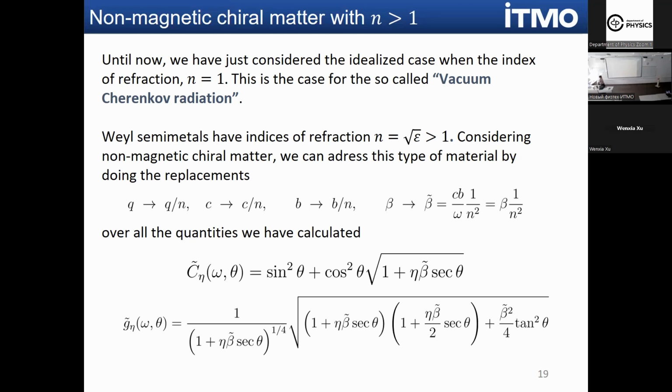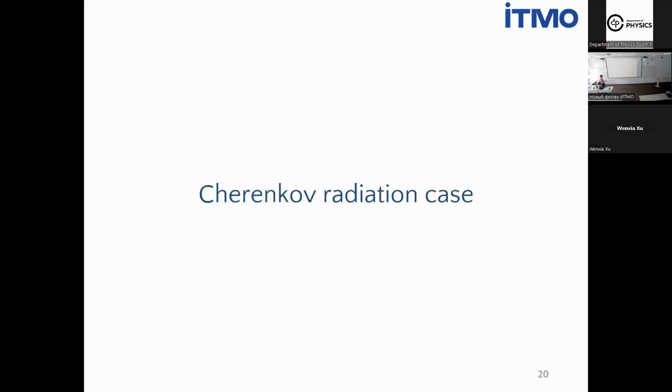To consider this, we have to make these replacements to all the quantities we have calculated. One can obtain this just from the Maxwell equations of a non-magnetic chiral material. So you have to believe in this, and we have to make these substitutions to obtain the Green's function of a chiral matter with an index of refraction bigger than 1. So we apply our results for the Cherenkov case.